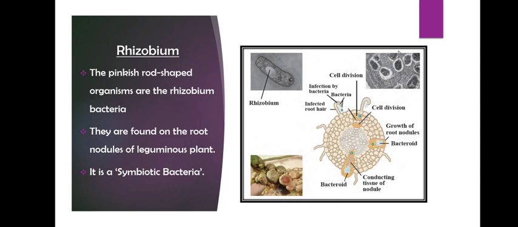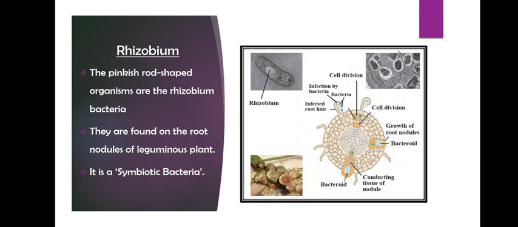So it derives its nutrition from the plant, and also it is beneficial to the plant. This kind of association is called symbiotic association, where both are benefited. The bacteria is also benefited and the plant is also benefited. Followed? The bacteria gets food from the plant and plant gets a lot of nitrogen from the bacteria.